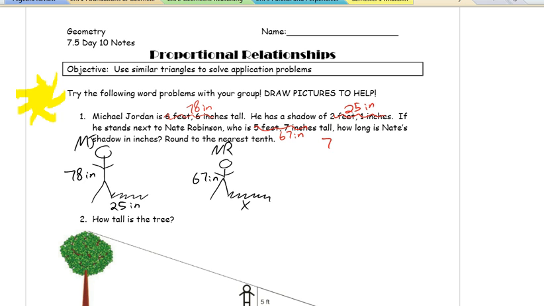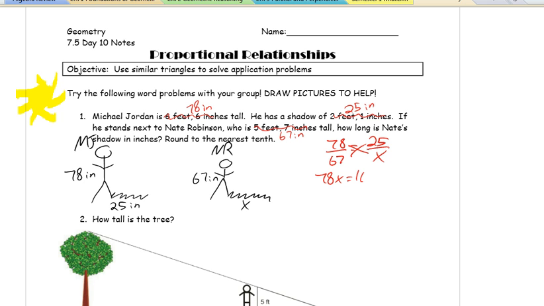I don't like the way that looks. Some of you could have done that and maybe did that. 78 over 67 equals 25 over x would be one way you could do it. So everything's in inches, so we should get an answer in inches. So we get 78x equals 67 times 25.